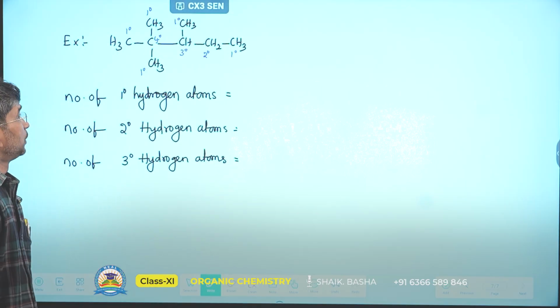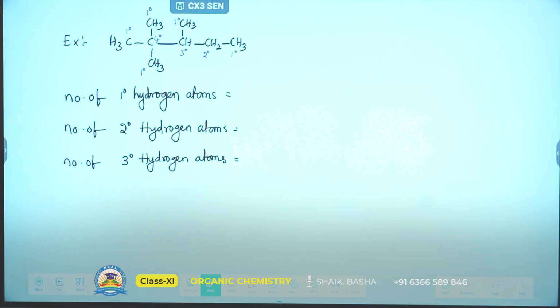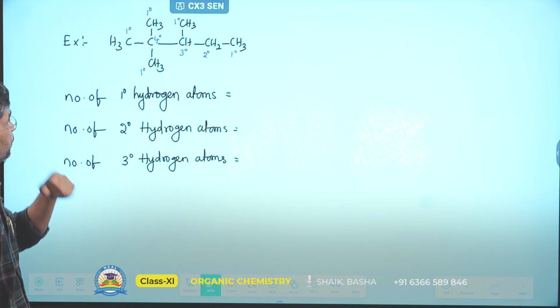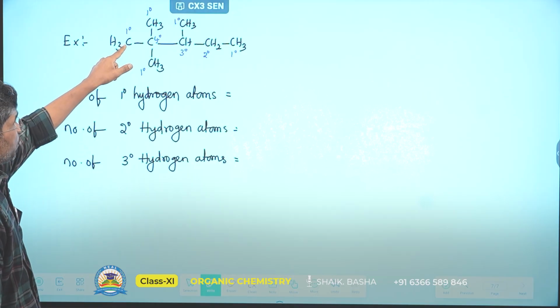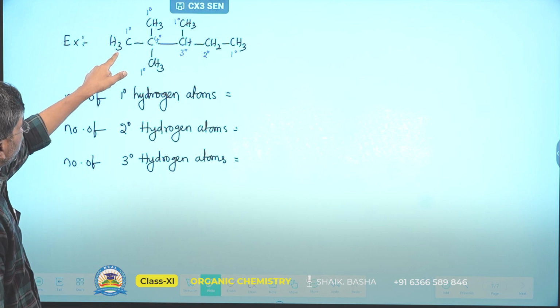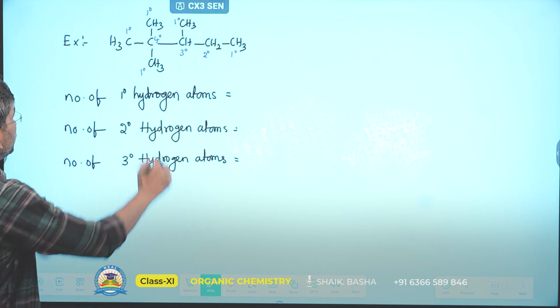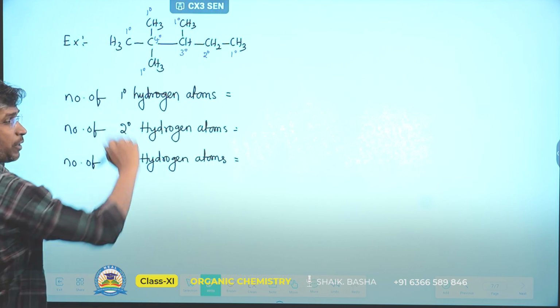Here, number of primary hydrogens. How many primary hydrogen atoms are possible? Tell me. This is a primary carbon. One primary carbon is attached to how many hydrogens? 3 hydrogens. All these 3 hydrogens belong to the primary carbon.